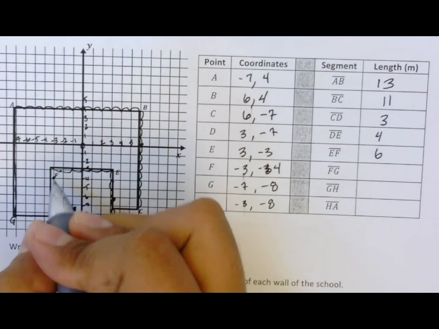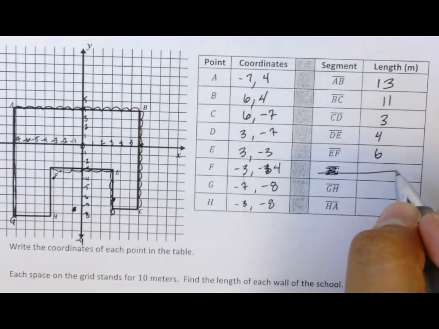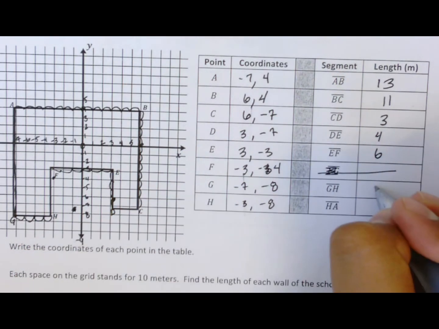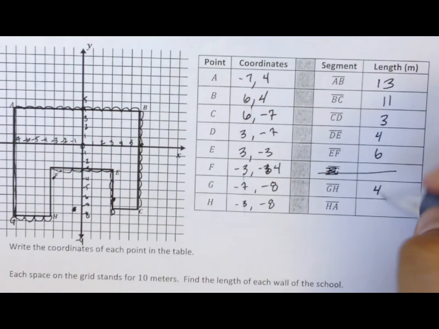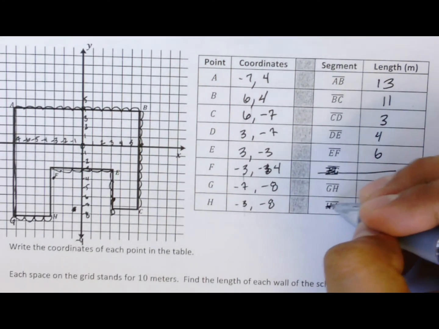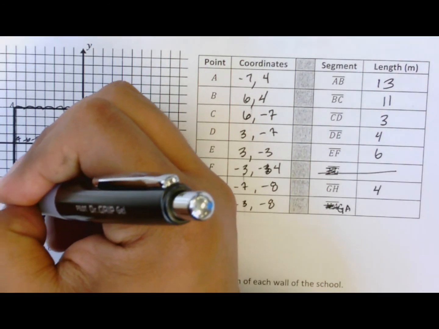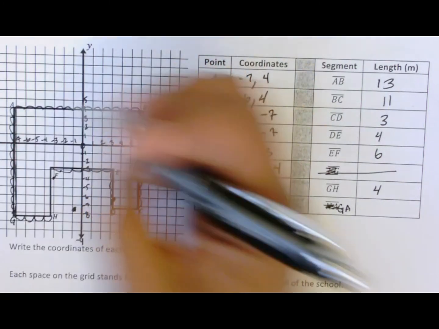Technically, the H and G should be together, so don't worry about that one. Just cross that one out. G to H. And then technically, this one should be H to G, or G to A. So go ahead and put G to A. G to A. 13.